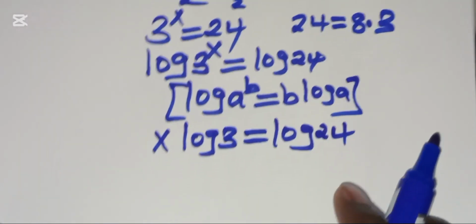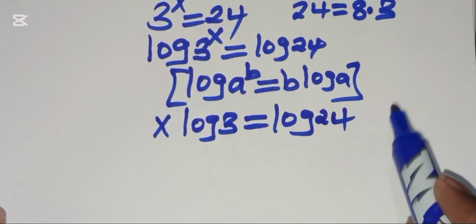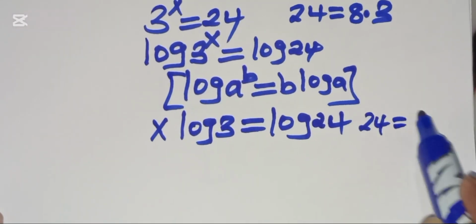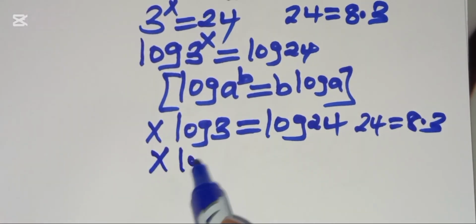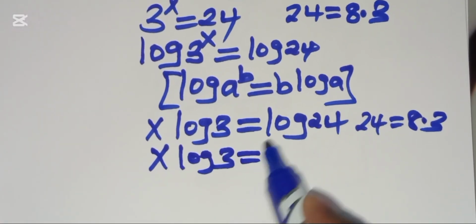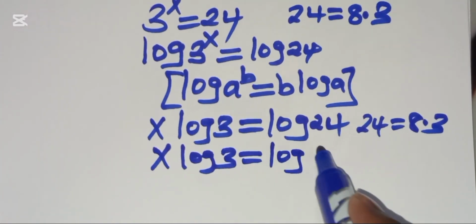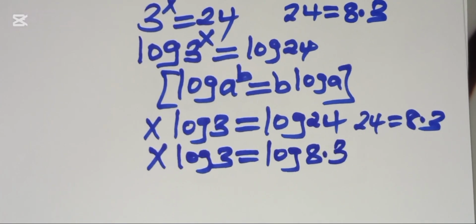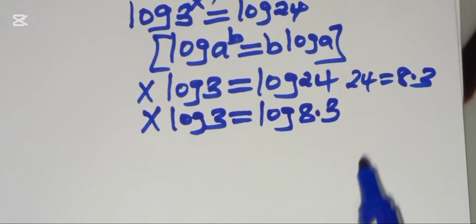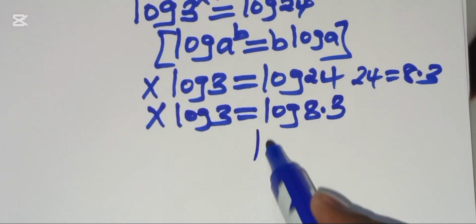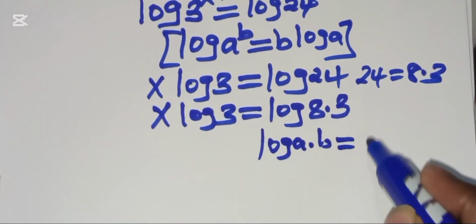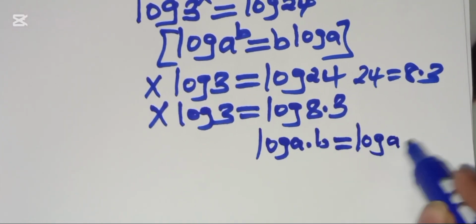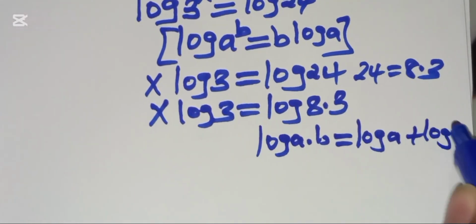As we have seen, 24 is expressed as 8 multiplied by 3. So we have x log 3 equal to log of 8 multiplied by 3. According to the logarithm properties, if you have log of a multiplied by b, this can be expressed as log a plus log b.